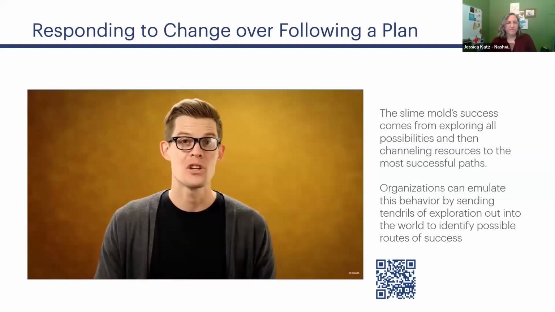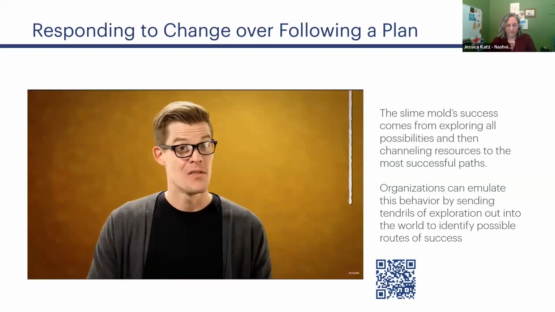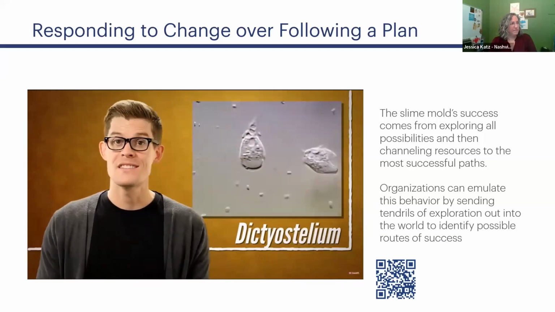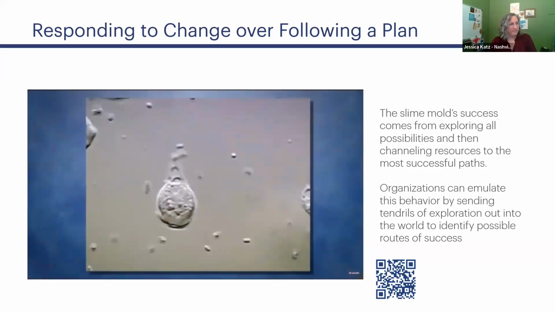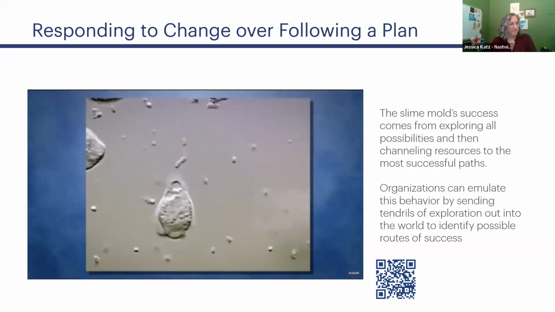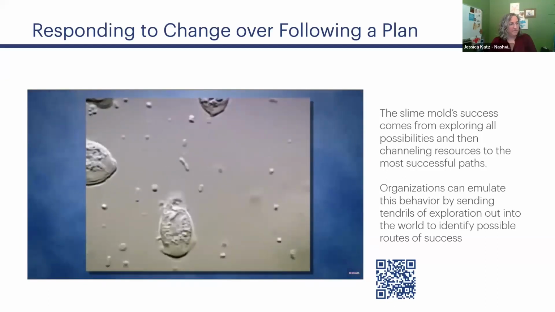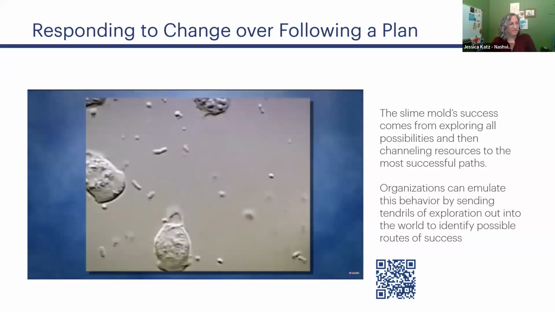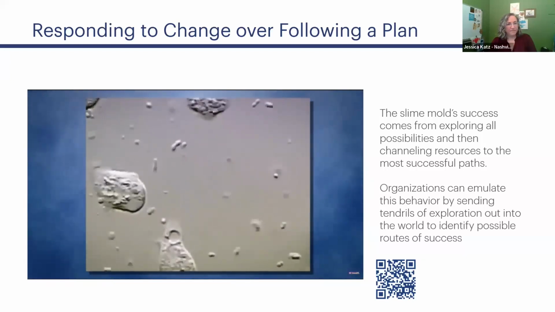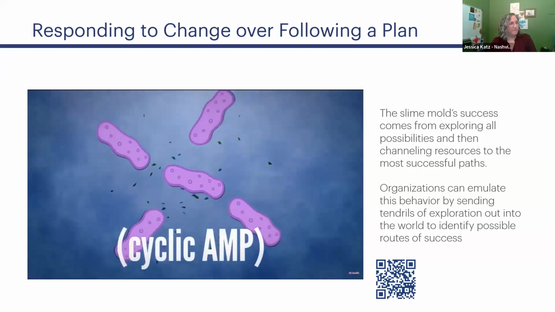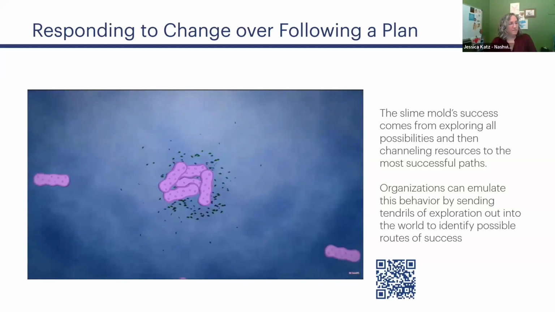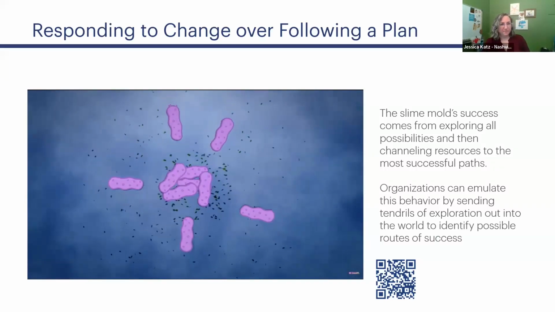Another kind of slime mold shows a different kind of smarts. This is Dictyostelium, a cellular slime mold. Now, instead of a creeping blob, this slime mold lives most of its life as single free-living amoeba, gulping up bacteria. But when it runs out of food, something amazing happens. One cell starts emitting a chemical. This attracts other cells, and once they join up, those cells start emitting chemical pulses of their own.